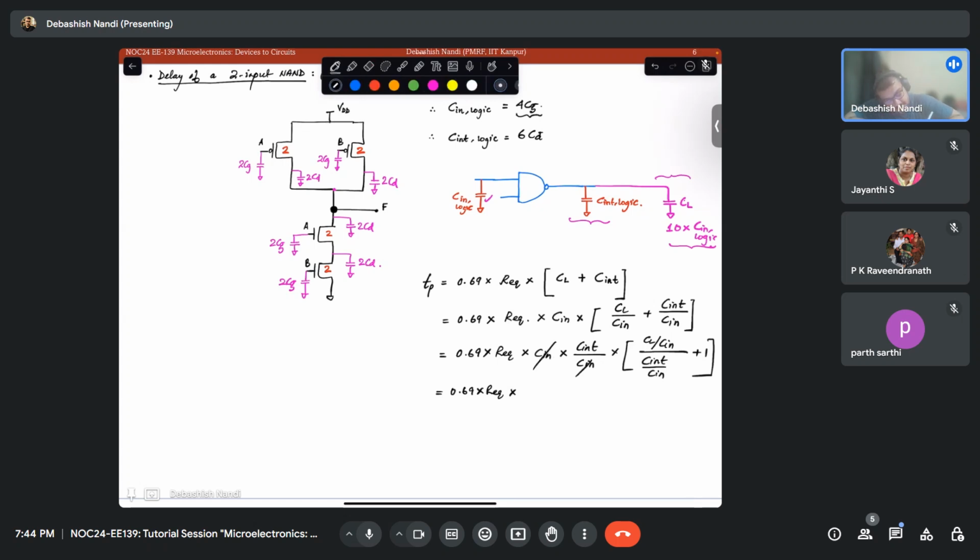C internal is my 6 CD, and this will be 1 plus CL by C in, that is CL divided by 4 CG, and this is 6 CD divided by C in.